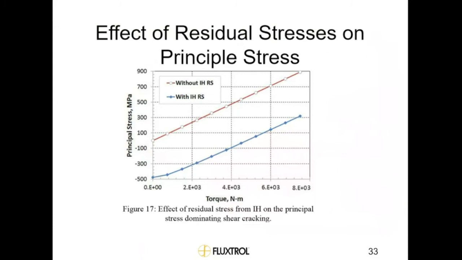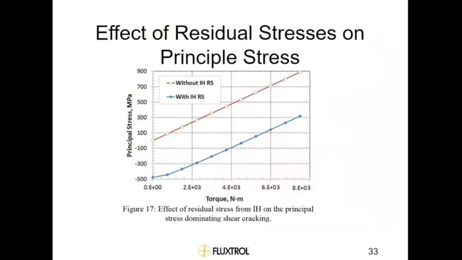Just as an example, here is a principal stress with the exact same pattern. This is if we just took the structure and modeled it without residual stresses from the induction hardening process, versus modeled it with them.